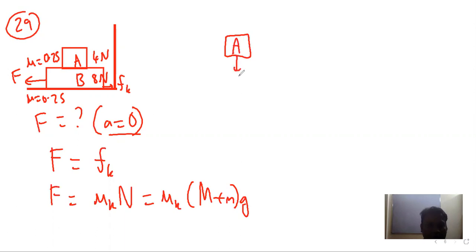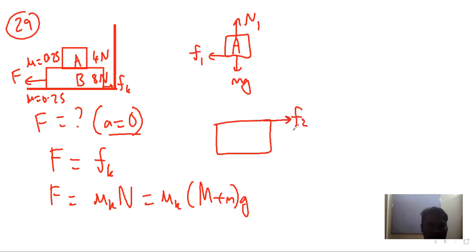Because on block A we have small mg and N1 force, and on block B friction is in the forward direction. That is something like F1. Here we have friction F2, F1 in the rightward direction on capital M, and we also have friction Fk in the forward direction between ground and block, and this is capital F. And we have normal reaction N2, capital Mg, and N1 value.